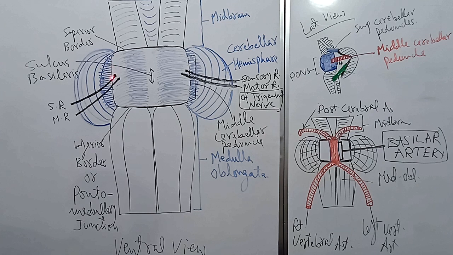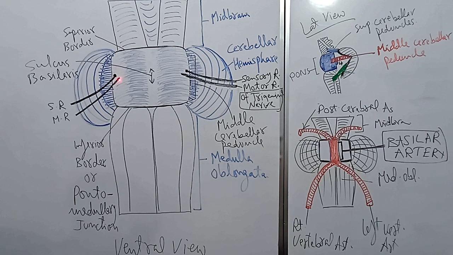So at the junction between the middle cerebellar peduncle and the anterior surface of the pons, there is the lateral border of the pons, which can be identified by the surface attachment of the trigeminal nerve, which has a sensory root, laterally located, and a motor root, medially located.